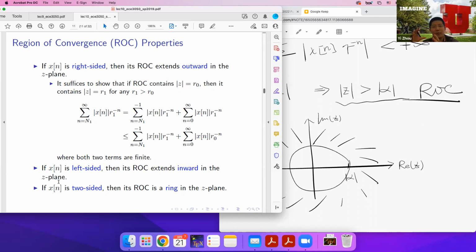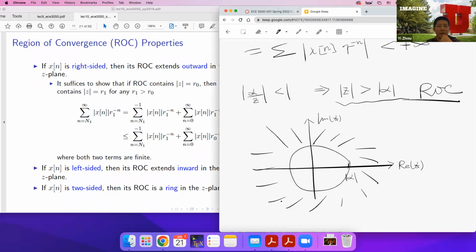The only difference is that here the ROC is of a ring shape or a circle shape, whereas in the Laplace transform we have vertical ROCs. But the general idea is very similar. So if the signal is right-sided, then the ROC extends outward in the Z plane.